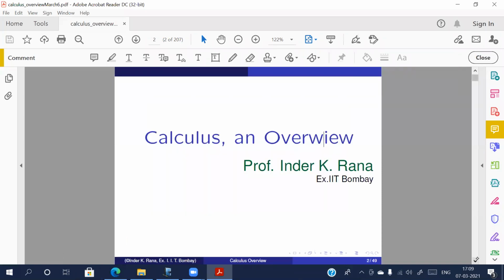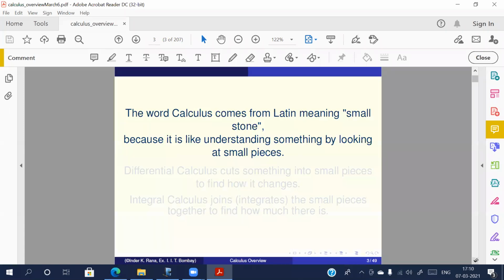So we're going to look at an overview of this subject called calculus. The word calculus comes from the Latin meaning small stone, and it is like understanding something by looking at small pieces.